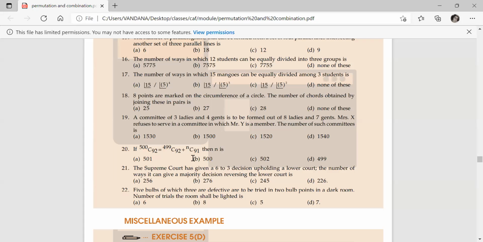The number of trials the room shall be lighted is. 5 बल्ब है, उसमें से 3 डिफेक्टिव है और 2 नॉन डिफेक्टिव है. कितने वेज में वो रूम लाइटेड होगी? रूम लाइटेड होगी जब कम से कम 2 में से 1 बल्ब तो नॉन डिफेक्टिव हो. तो एक नॉन डिफेक्टिव है, एक डिफेक्टिव है, या दोनों के दोनों नॉन डिफेक्टिव.